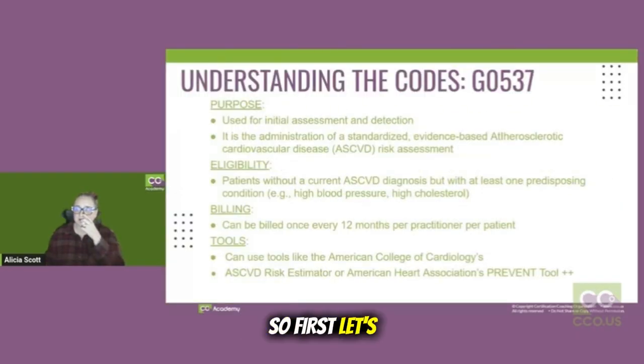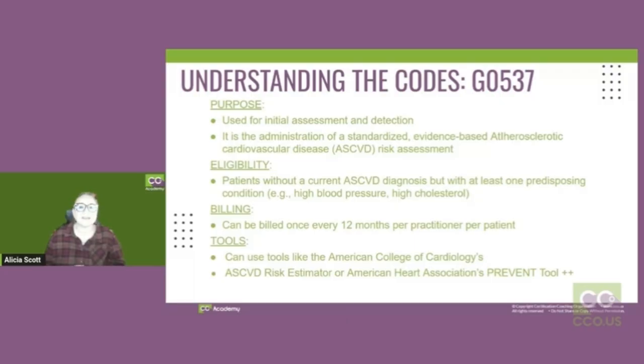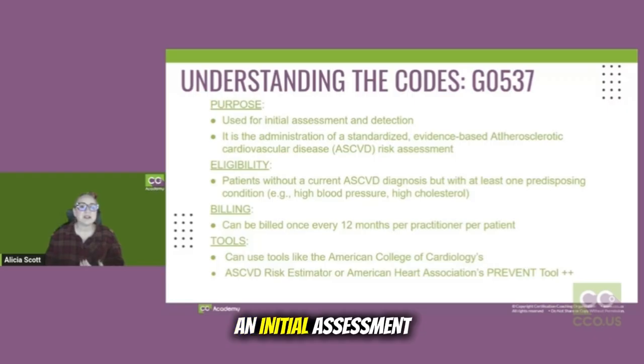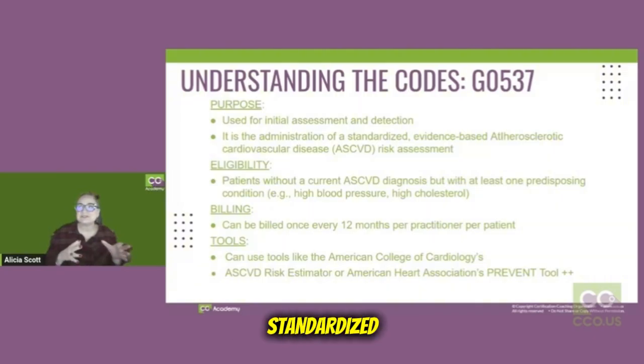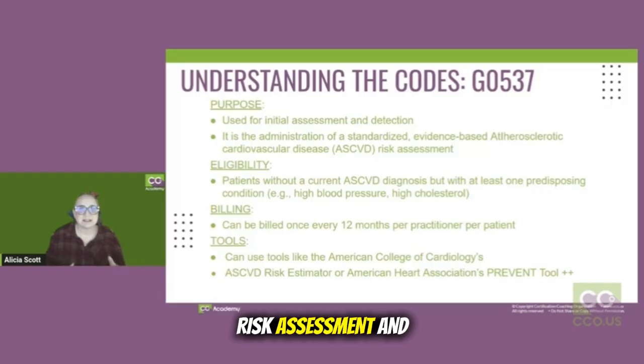So first, let's look at G0537. The purpose is it's used for an initial assessment and detection. That's key. It is also the administration of a standardized risk assessment. And that's going to be a form that's going to be filled out by the patient and the clinician.